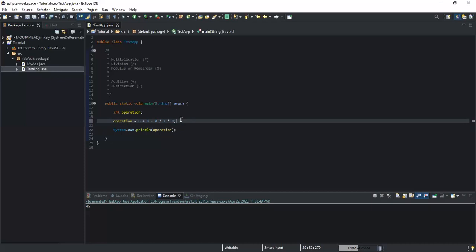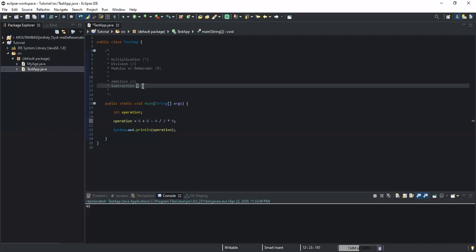So we saw that there are two rules that the order of precedence applies when dealing with arithmetic operators. The first rule is that the multiplication, the division, and the remainder operators have the same level of precedence, and they have a higher level of precedence over the addition and the subtraction operators.